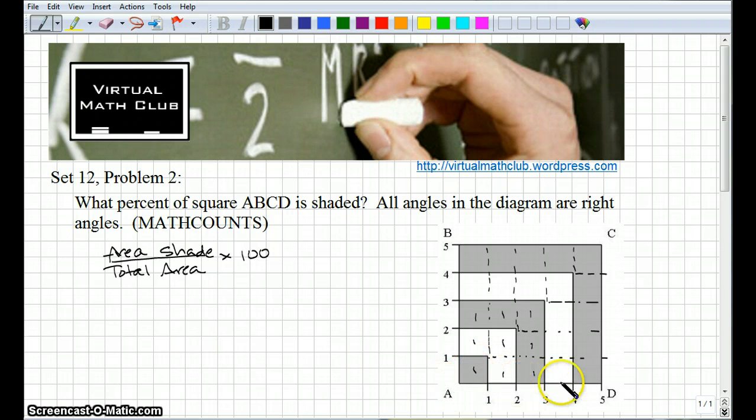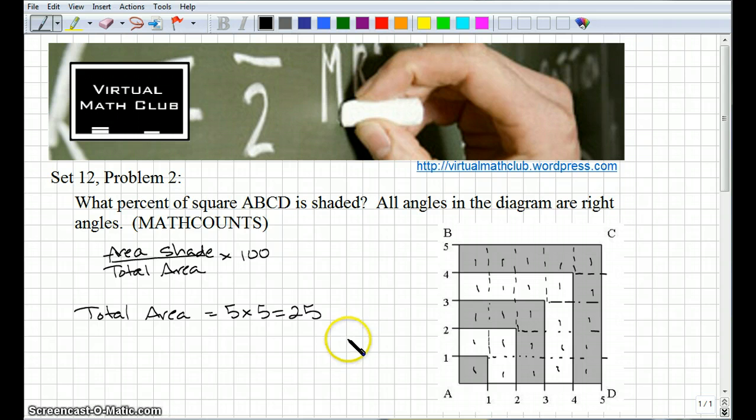So if we know that this is a 5 by 5 square, then the total area is what? It's just 5 times 5, which is 25, right? So we have 25. If we counted up all the little squares across here, then we would have 25 of them, right?